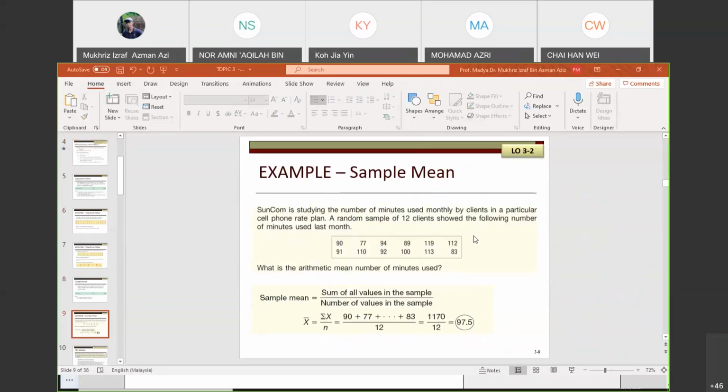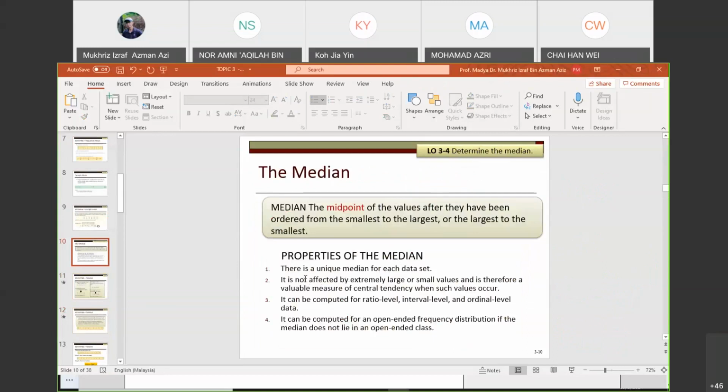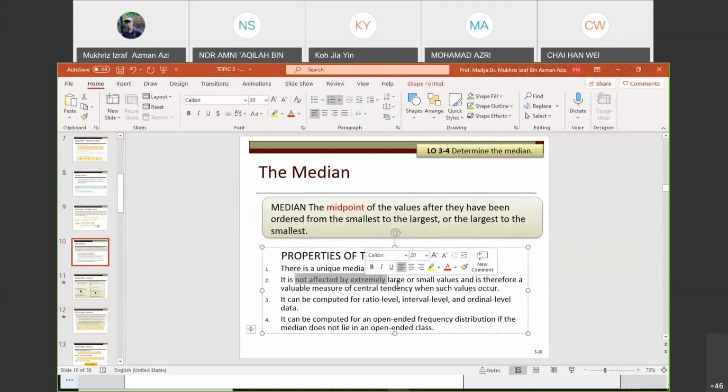But if you are using the median, it is not affected, because you don't add anything and you don't divide by anything. You just arrange from smallest to largest, and you get one value that is located in the middle of your data. It can be computed from ratio or interval and also ordinal data. Ordinal means you can rank.